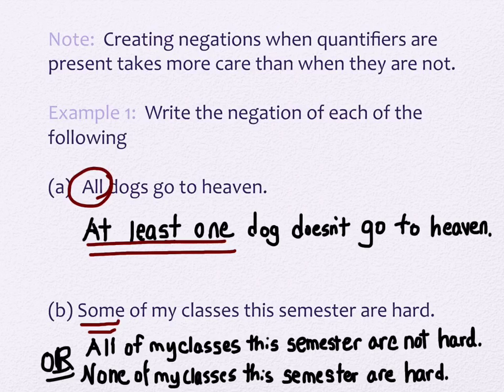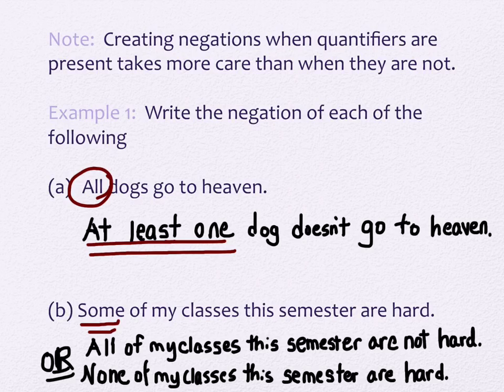Okay, so is this the statement that is opposite of what I started with? Some of them are hard, none of them are hard. Yes. Some of you were thinking maybe you need to put the word not in there again. Well, the catch is that you already put the word not in there by putting the none at the beginning, right? Some to none is already making a negation statement from what you had. So you already do have the not in there.